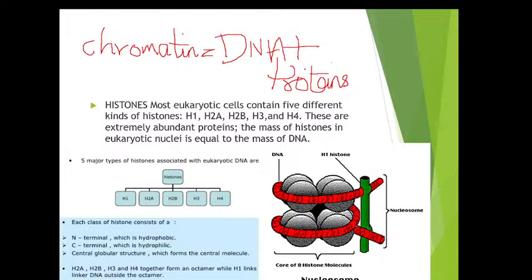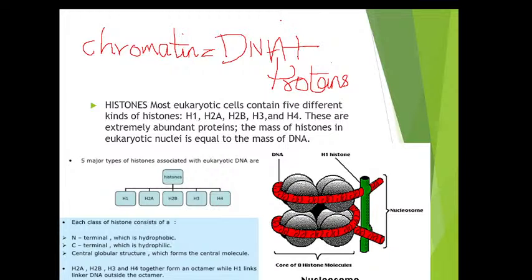The histones are unique proteins which are found in eukaryotes. Why? Histones are the proteins associated with the DNA of eukaryotes, but they are found only in eukaryotes and are absent in prokaryotes. Can you tell me the reason for that?